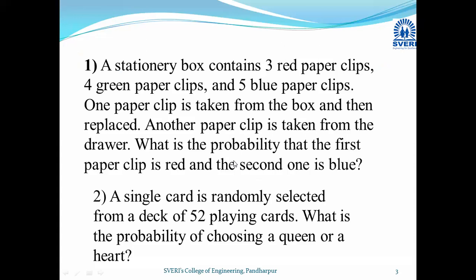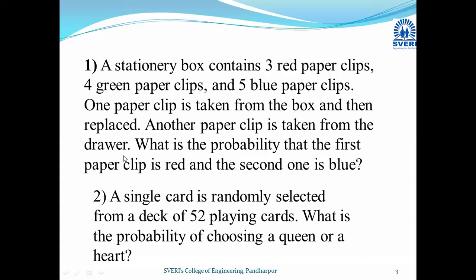The next example. A single card is randomly selected from a deck of 52 playing cards. What is the probability of choosing a queen or a heart? Okay, so there are a total of 52 cards in the pack. Out of that 52, probability of choosing a queen or a heart.